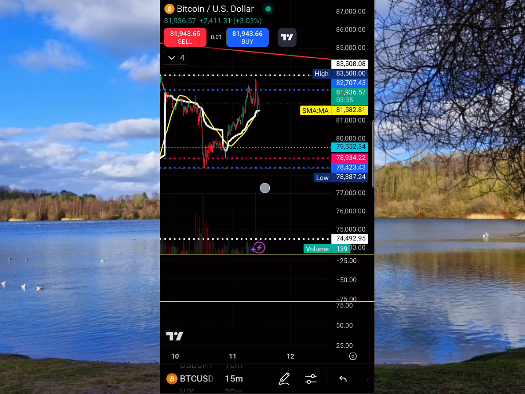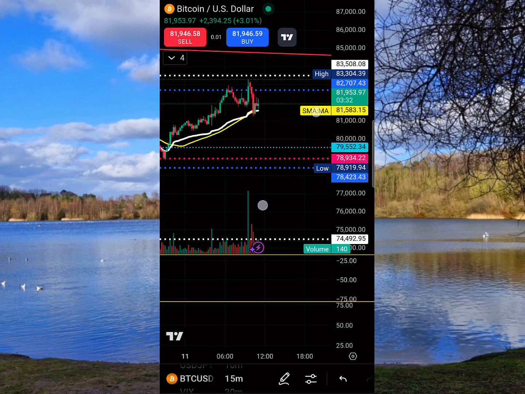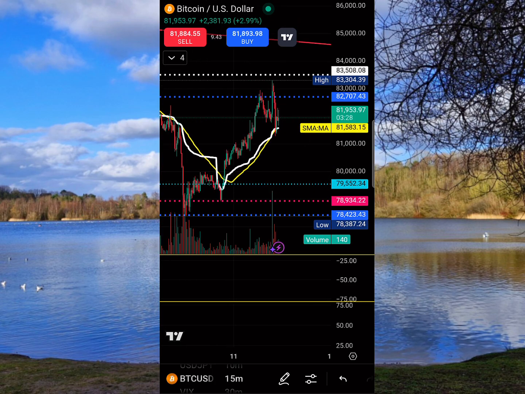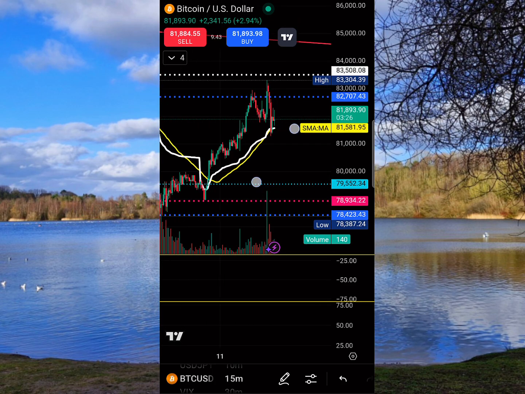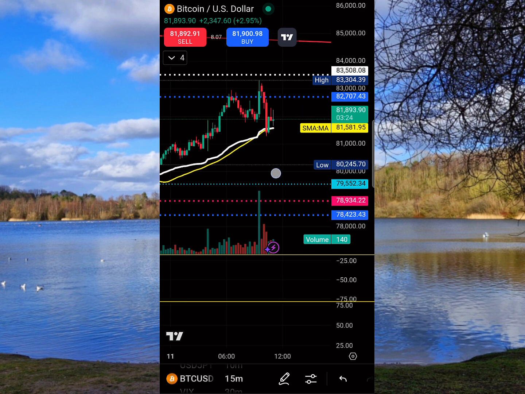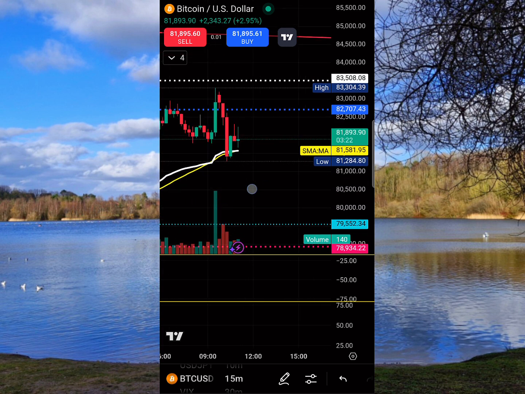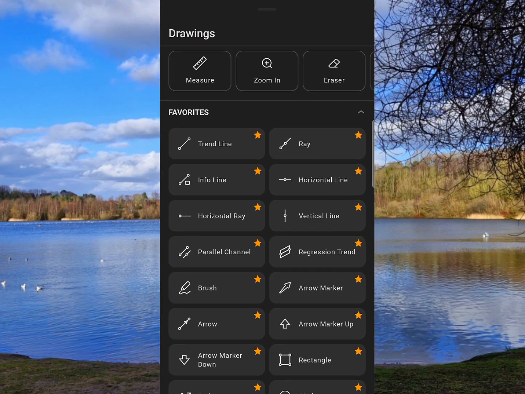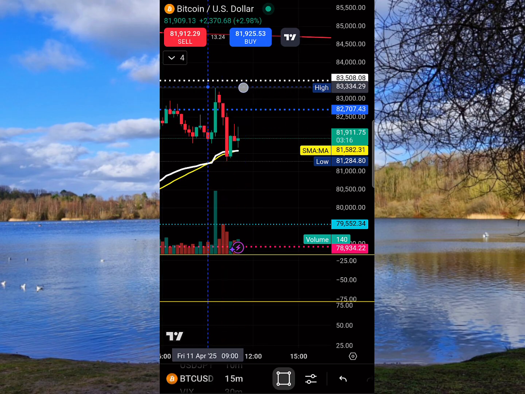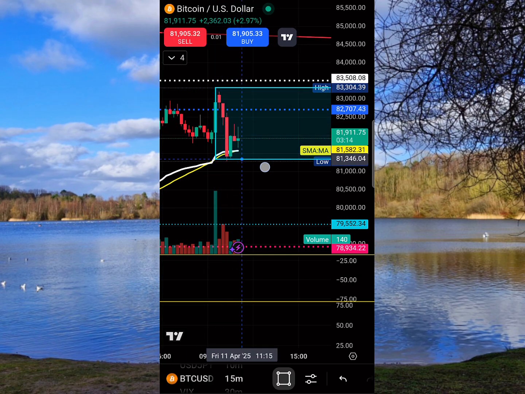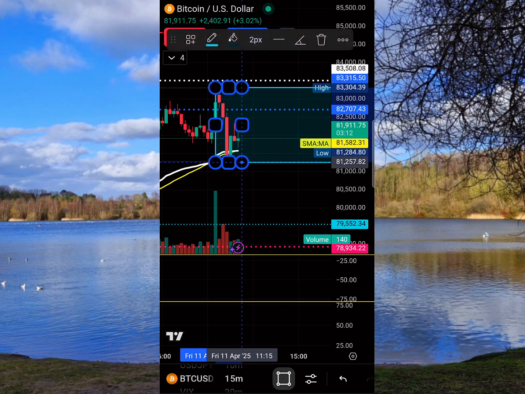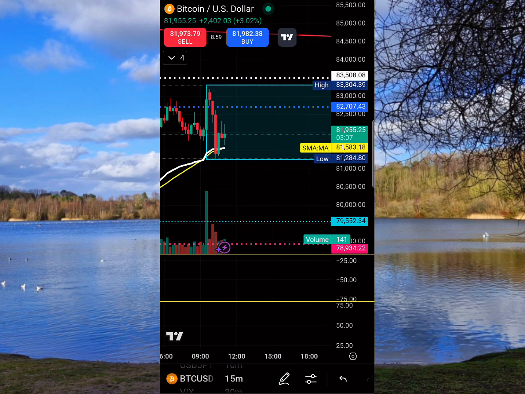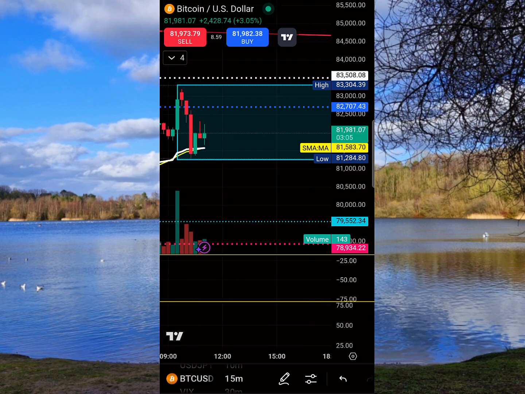Even on a 15-minute chart, it follows the rule pretty well. You can have an internal range where you take the highs and lows of the internal, and I would box this out. So if I was trading on the 15-minute chart, which some people like to do, you can box this and then just play within that range, up and down like ping pong.